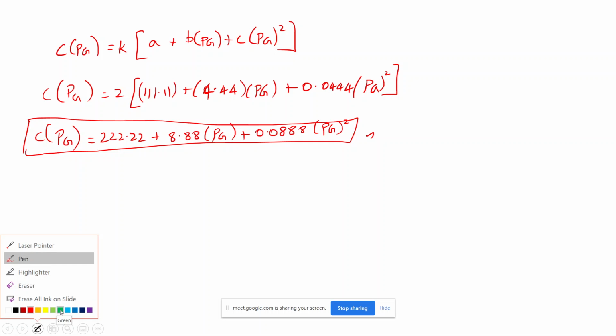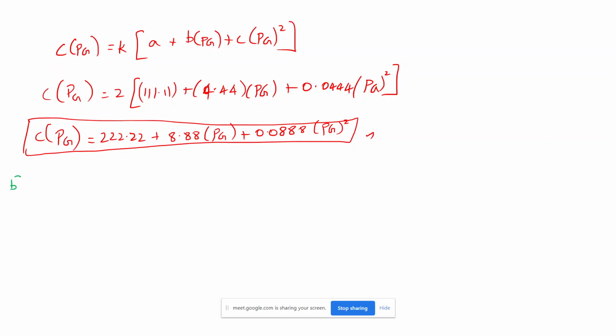So I will take B here. So I am going to solve B. So B at 25% rating. What is PG? PG is nothing but 25 megawatts at 25% rating.